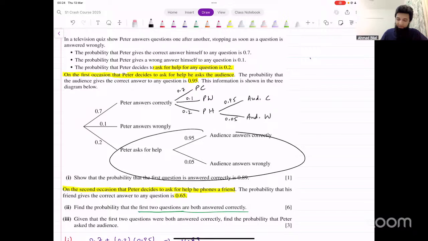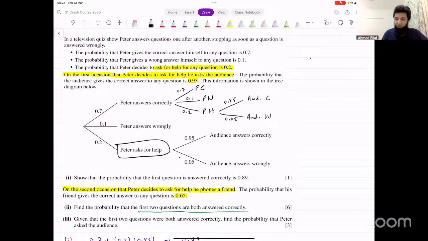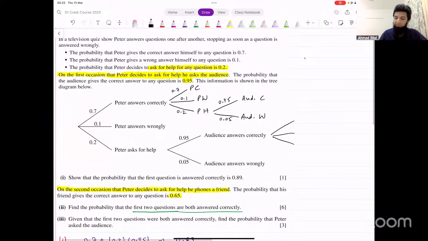Then what about this case? In the first question, if he asked for help, one possibility is that the audience gives the wrong answer. In that case, the game ends there. If the audience gives the correct answer, then the game continues. And for the second question, he again has three options. He can answer the question correctly himself or wrongly himself, or he can ask for help. This is 0.7, 0.1, 0.2. But now that he decides to ask for help, he has already asked the audience before.